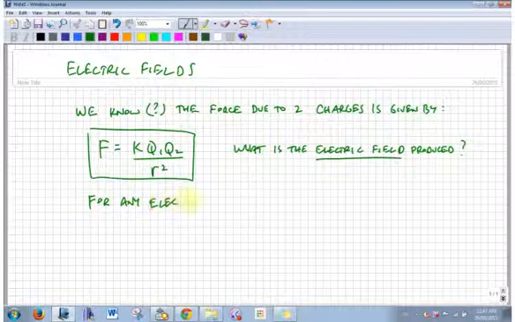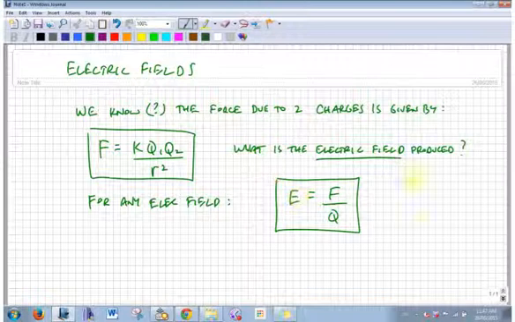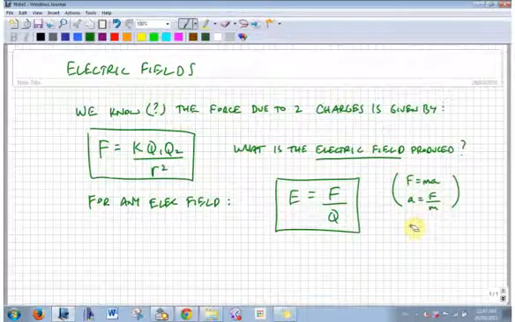For any electric field, E is F over Q. That kind of looks like this, doesn't it? But it's different.